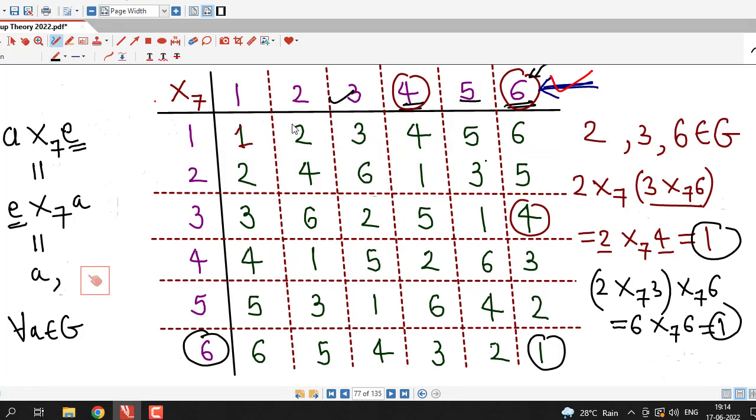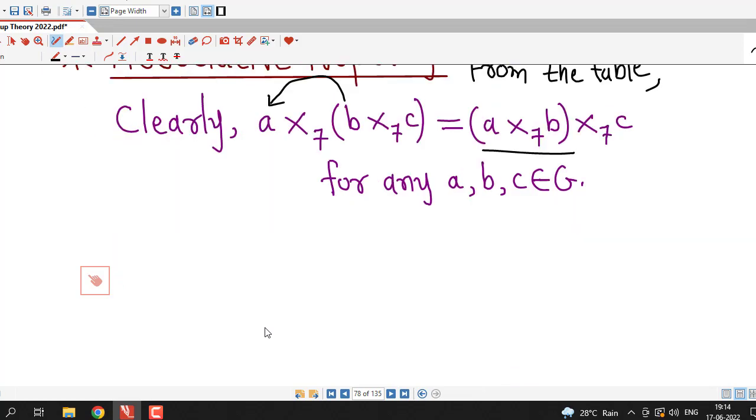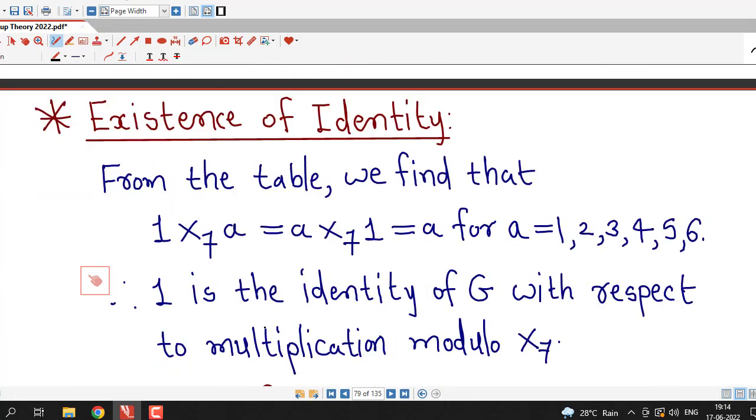And similarly we can check in reverse way: 2 into 1 is 2, 3 into 1 is 3, 4 into 1 is 4, 5 into 1 is 5, and 6 into 1 is 6. Therefore 1 is the identity with respect to multiplication modulo 7.